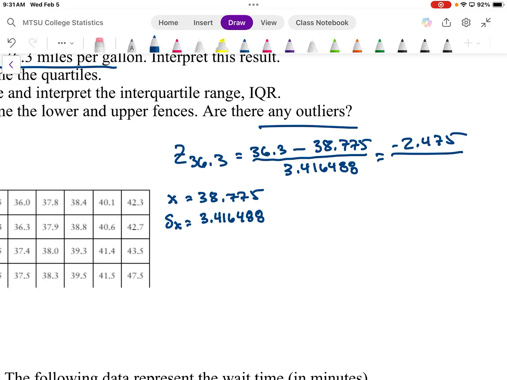Then divided by 3.416488, I get a z-score of approximately negative 0.7244. All right, so there's our z-score. Was that below the mean or above the mean?